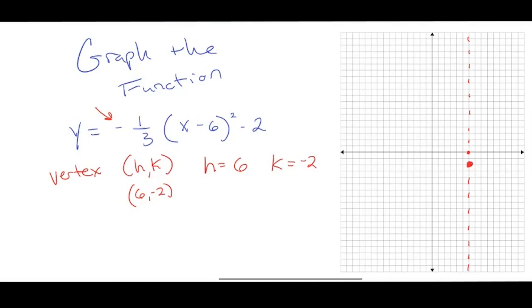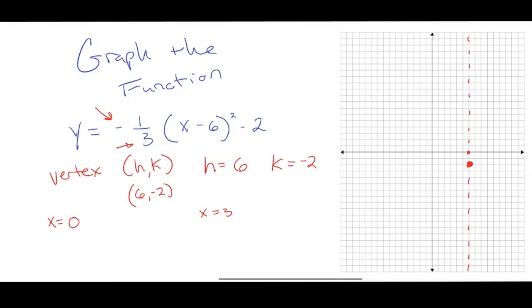All right, now I'm going to pick some x values to plug in here. For this one, I'm actually going to pick x is 0 and x equals 3. The reason I'm picking those is because those two numbers are easily divisible by 3.